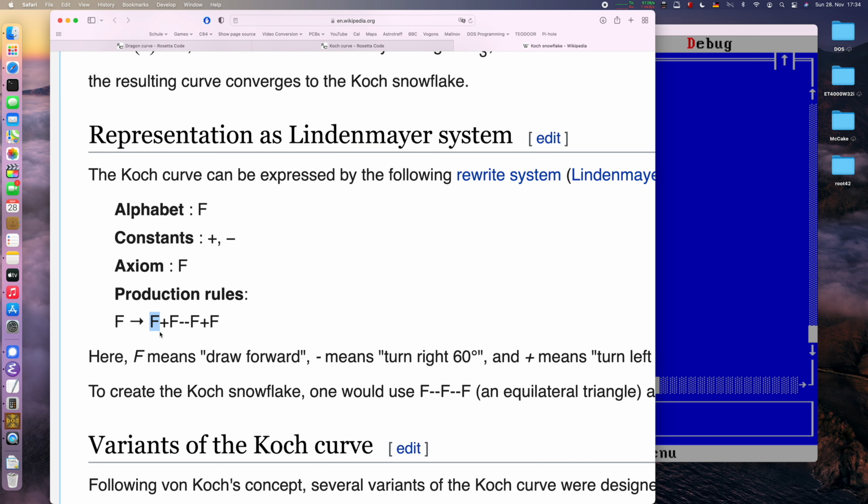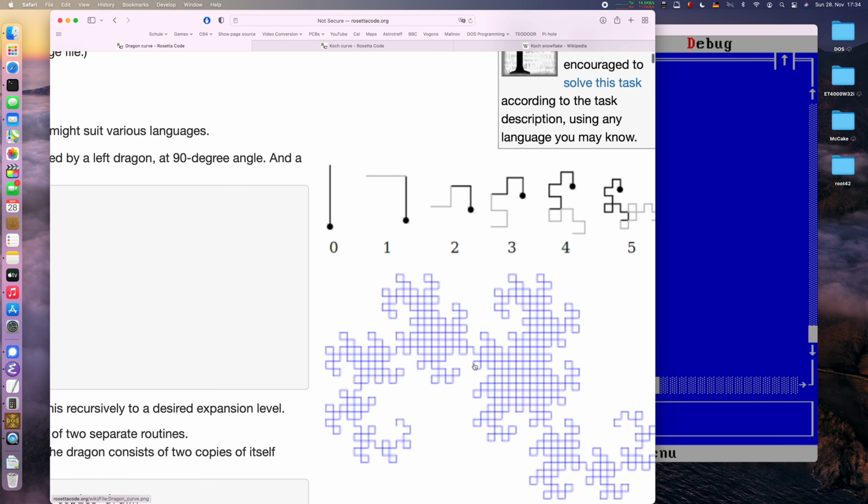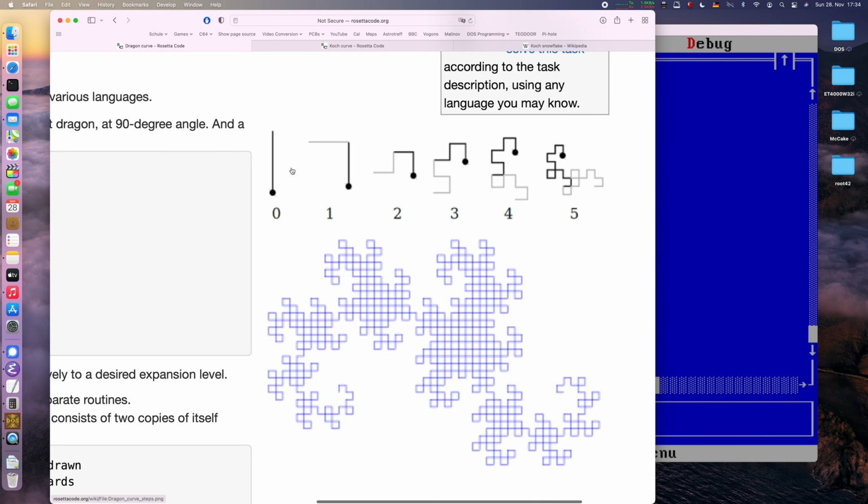So that is actually pretty simple, and as a starting point I used the code from Rosetta Code for the dragon curve, which is another L system and produces this interesting curve down here with a bit more rules, or let's say these are the rules, I think.